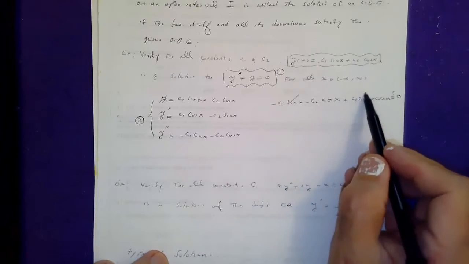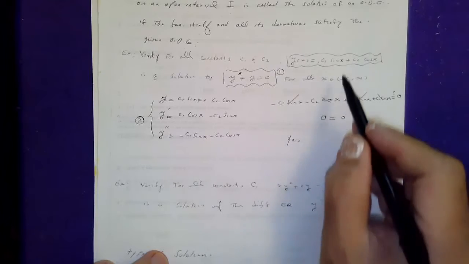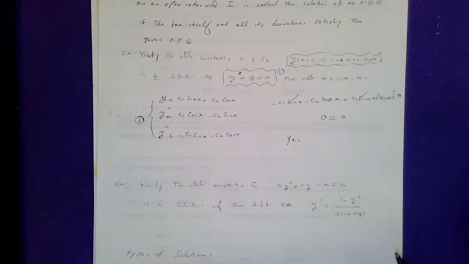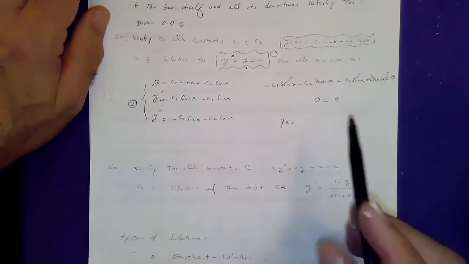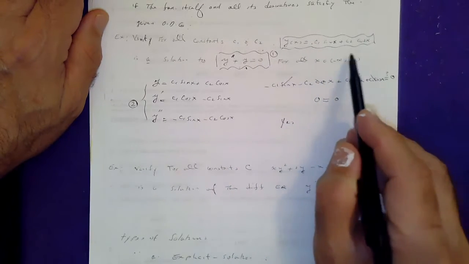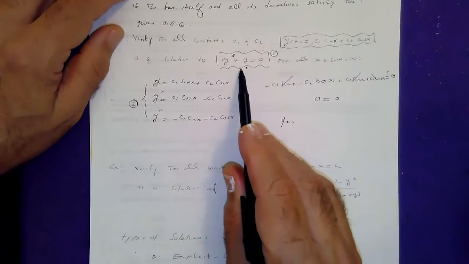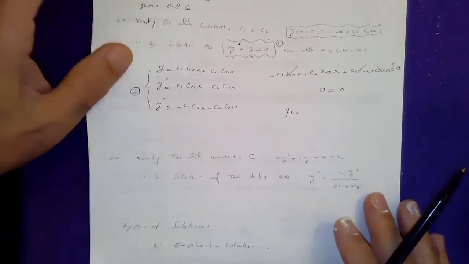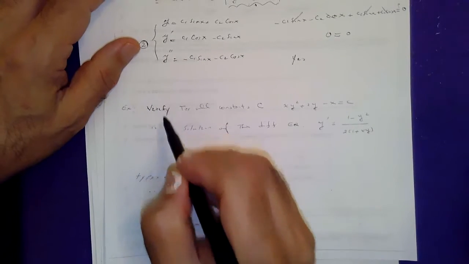Yes, these cancel, and so do these. 0 is equal to 0. Yes, this is the solution of this differential equation for any c1 and c2. Regardless of what the constants are, this combination happens to be the solution of the second order ODE.